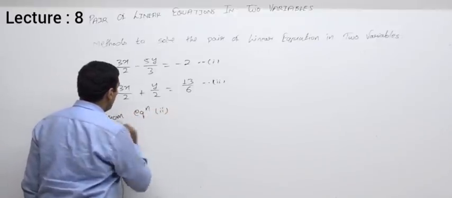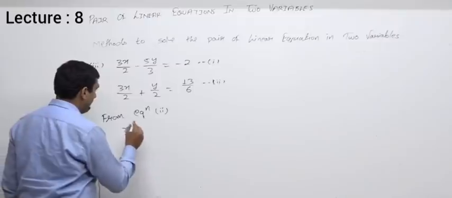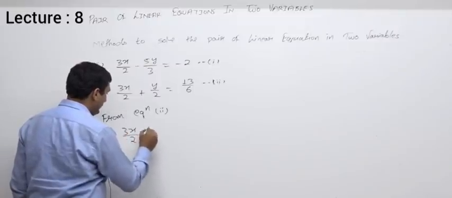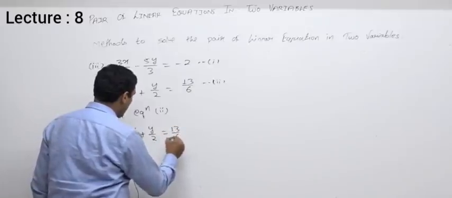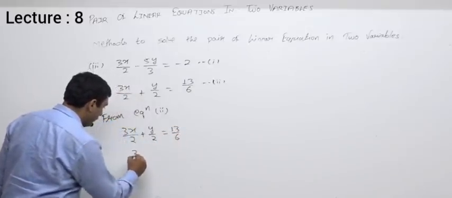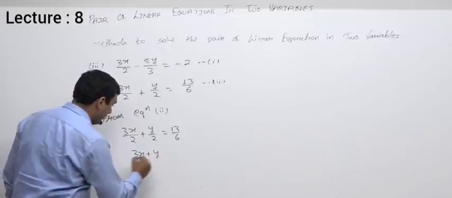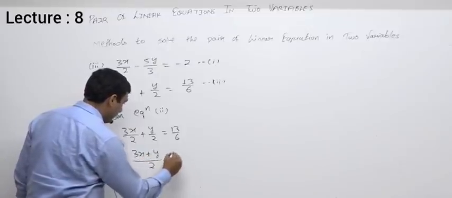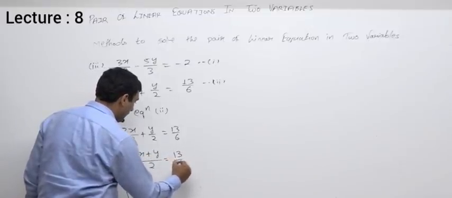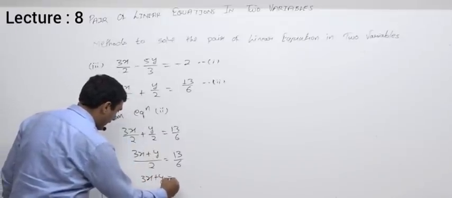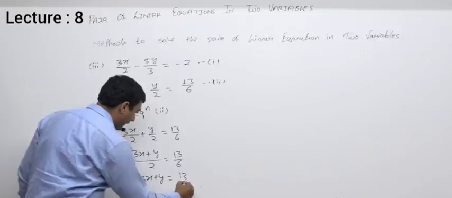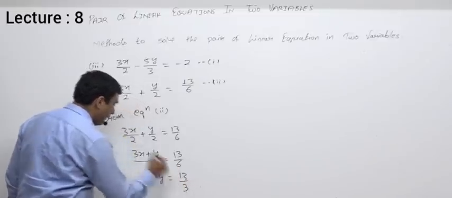Okay, so from equation 2 we have 3x by 2 plus y by 2 is equal to 13 by 6. So here the LCM will be 2. So 3x plus y upon 2 is equal to 13 by 6. So 3x plus y is equal to 13 by 3. This 2 and 6 will cancel out.